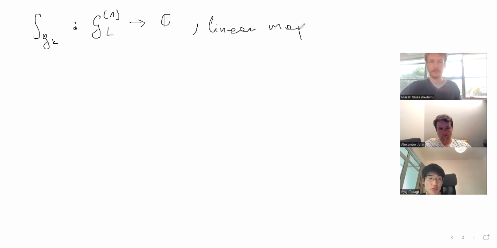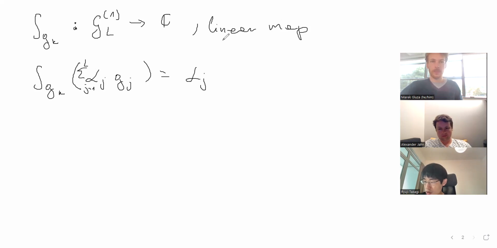So for example, I can say that the integral with respect to g_k applied to the sum over j from 1 until L of alpha_j g_j, now I'm just using C-linearity. So here I'm trying to say, okay, let's build a definition of this Grassmann integral from as few axioms as possible.